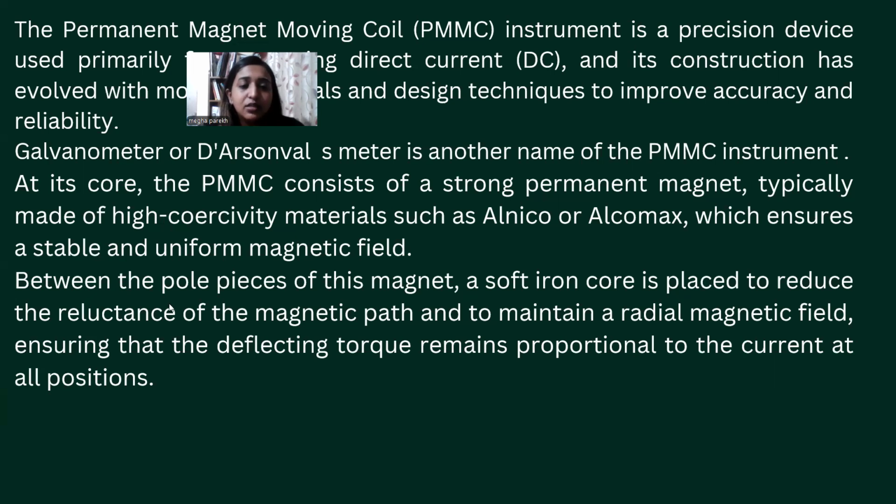Between the pole pieces of this magnet, a soft iron core is placed to reduce the reluctance of the magnetic path and to maintain a radial magnetic field, ensuring that the deflecting torque remains proportional to the current in all positions.